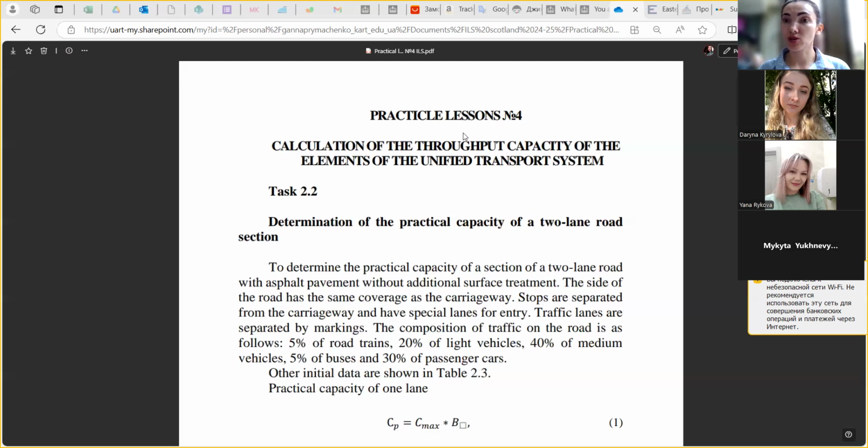So it is a combined system with cargo transportation and passenger transportation.